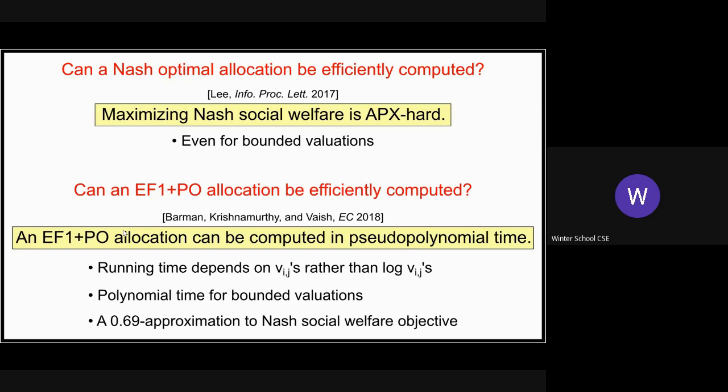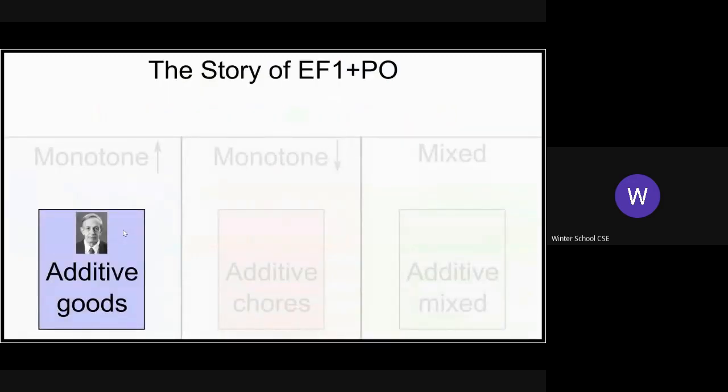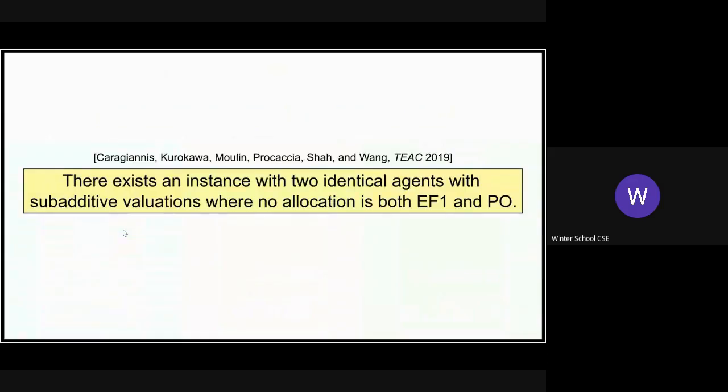Okay, good. So coming back to our picture, we know that Nash helped us show that EF1 and PO always exist for additive, but whether you can find EF1 plus PO in polynomial time, even over additive domain, is I think a very nice problem to work on. What about monotone? Unfortunately there exists an instance, even for a subclass of monotone called subadditive valuations, where no allocation is simultaneously EF1 and PO.